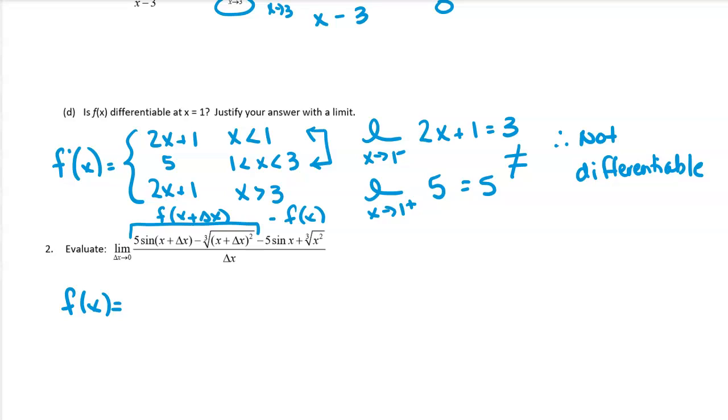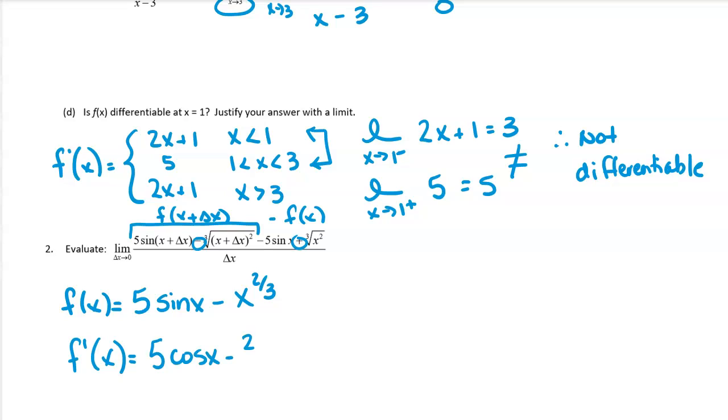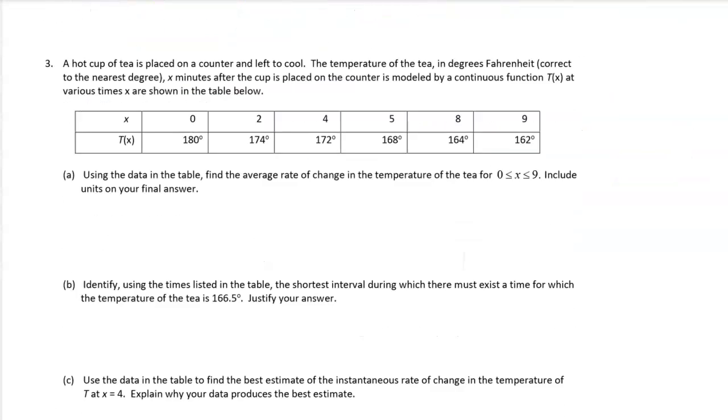Some of you missed the sign and went with the plus, but really the function is minus because this is minus x to the 2/3. So f of x is 5 sine of x, minus x to the 2/3. This is the definition of the derivative. And so you go, oh, all I have to do is take the derivative, which is 5 cosine of x, minus 2/3 x to the negative 1/3.